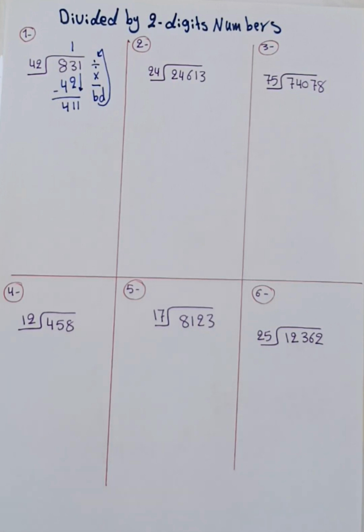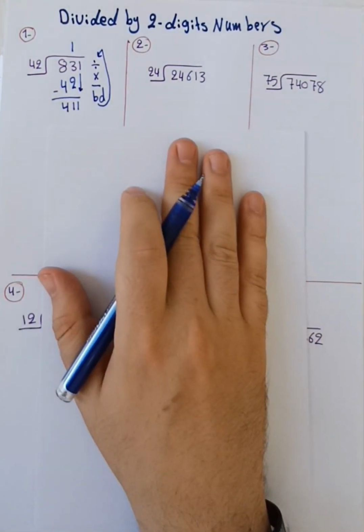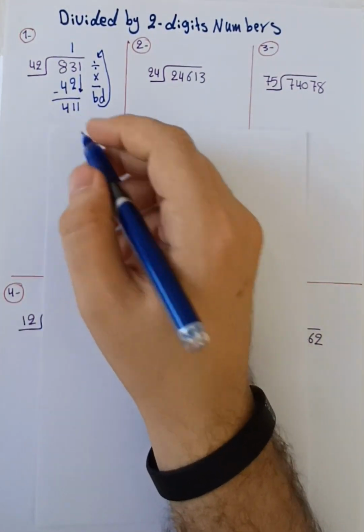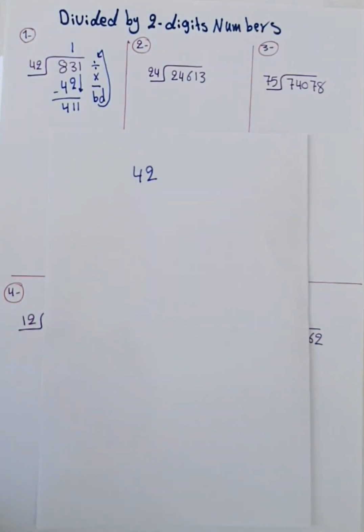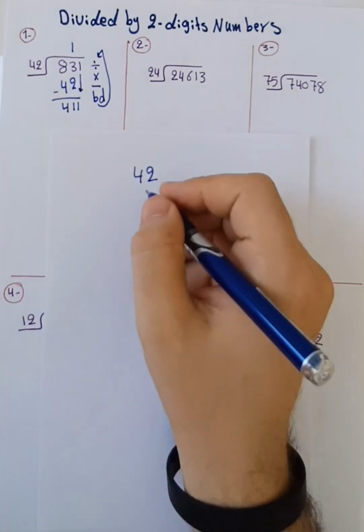For finding how many 42s are in 411, we can use multiplication. We have to write the divisor 42, and then multiply this 42 by a number and try numbers until we get 411 or a number less than 411.